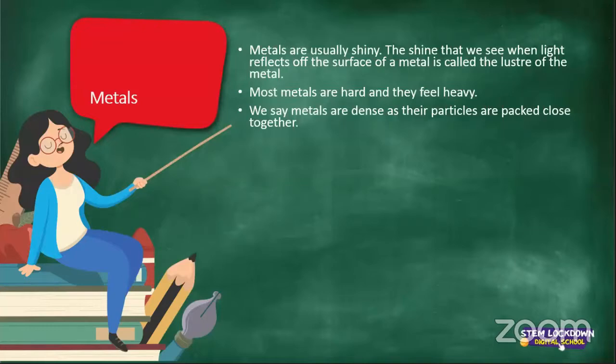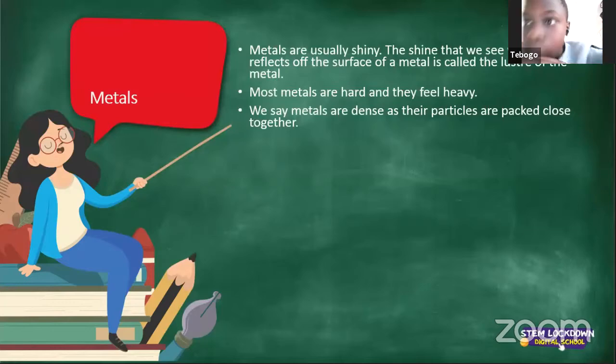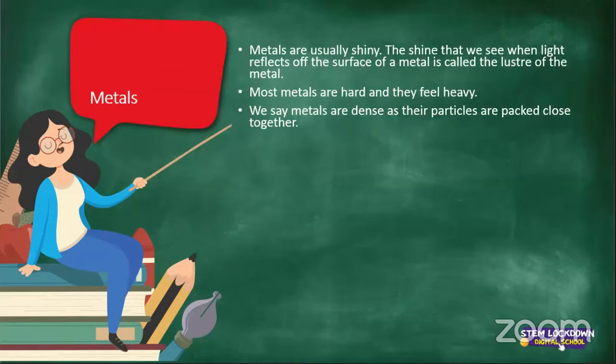Okay. Then we say metals are dense as their particles are packed together. So that means you know the characteristics of a solid, liquid, and a gas. In a solid, the particles are packed close together. Close together means that they are right next to each other and very tight. That's what makes the metal a solid, because it is dense.